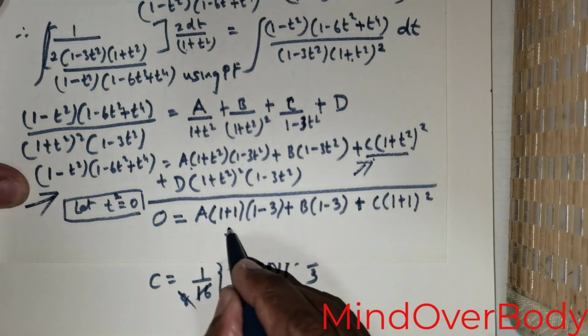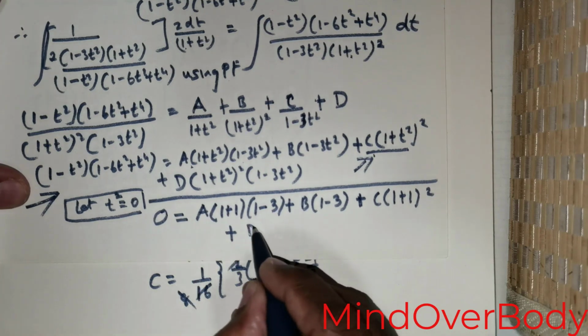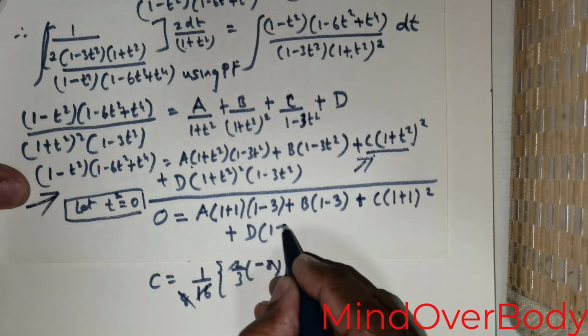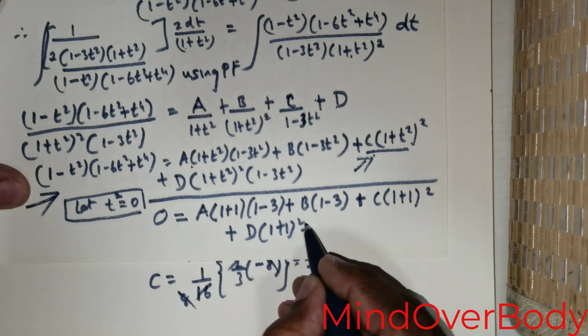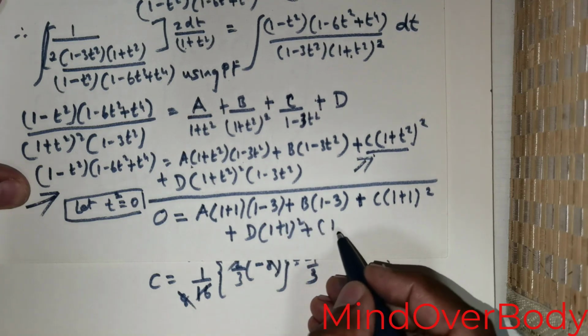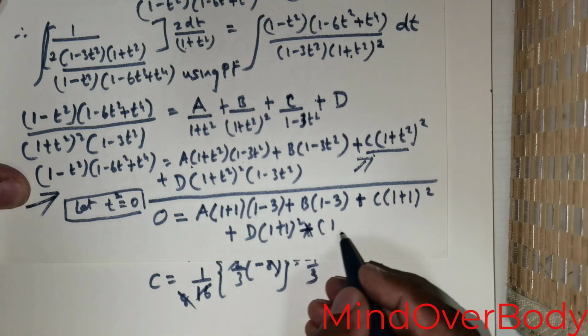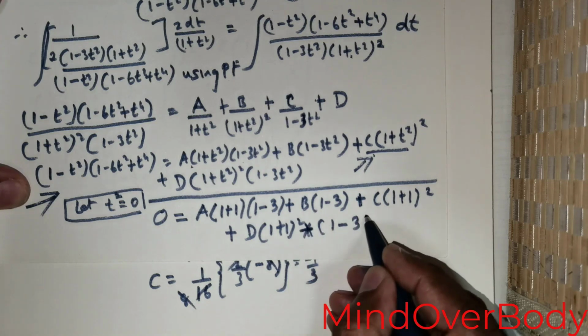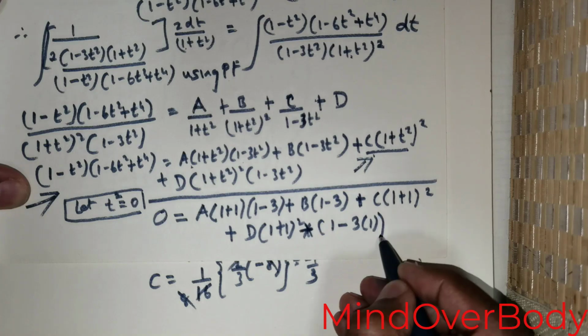My d will also stand, d of (1 positive 1) raised to the power 2, multiplied by (1 negative 3) squared, and that is it.